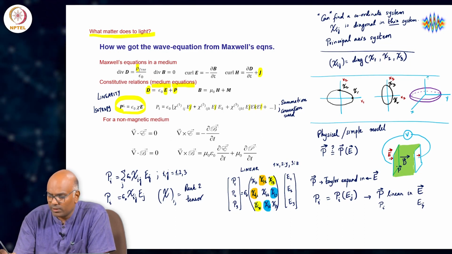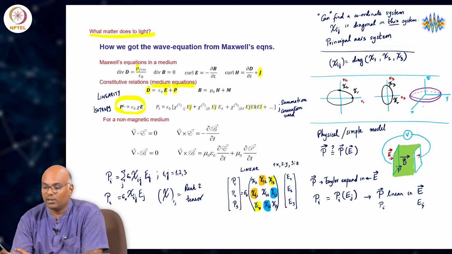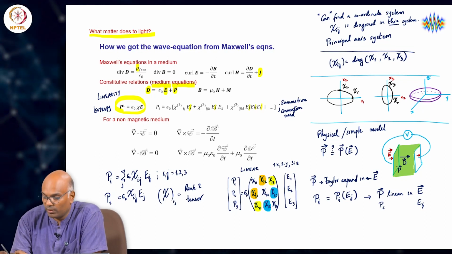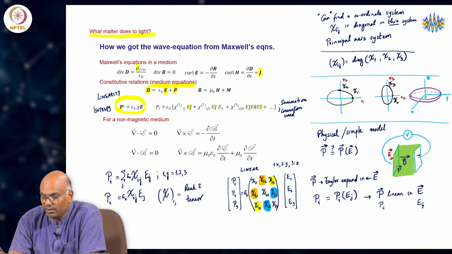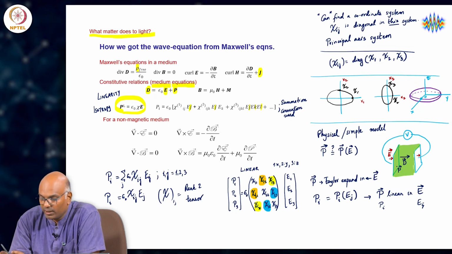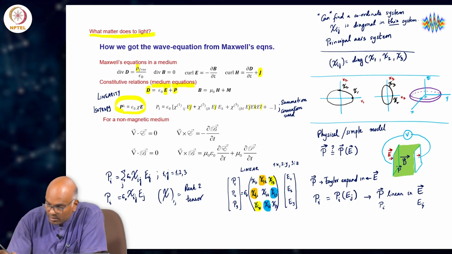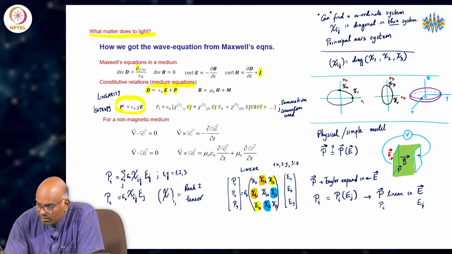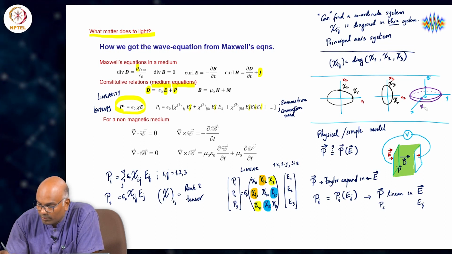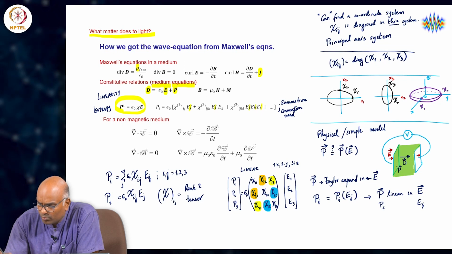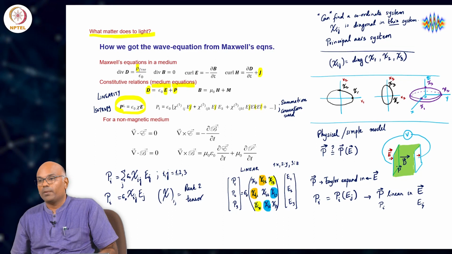Say x, y, z. If I choose my axes such that x, y, z are the principal axes, then the intercepts that the ellipsoid makes on the x, y and z axes will have something to do with the values for chi x or chi 1, chi 2, chi 3.